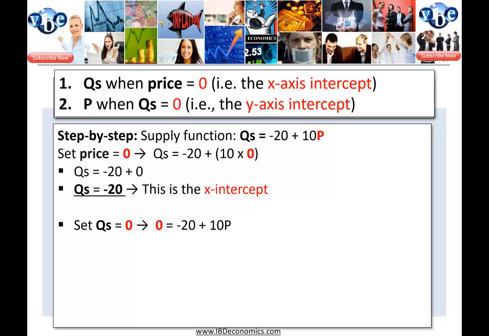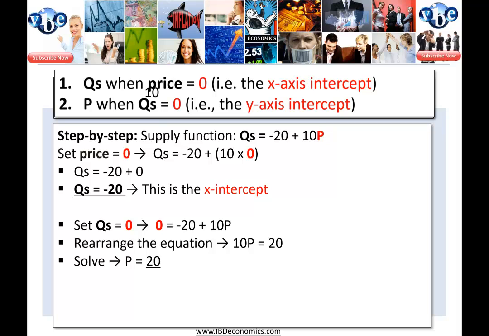One more step to calculate the y-axis intercept. So quantity supplied, we set that to 0. So now 0 equals minus 20 plus 10p. Rearranging that equation, we have 10p equals 20, 20 divided by 10, and price is equal to 2, which is the y-intercept.